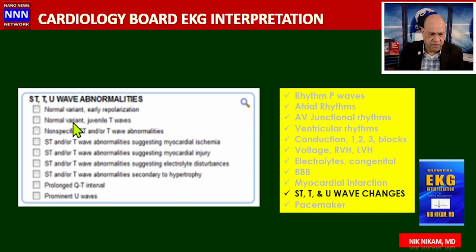You can easily identify early repolarization, pericarditis, or myocardial injury. The electrolyte imbalances sometimes can be tricky, but the history may be your clue. Myocardial ischemia is, as I said, ST depression or T wave inversion. Hypertrophied secondary changes are discordant STT changes in the direction opposite to that of the QRS complex. Prolonged QT interval, a lot of times it is iatrogenic, created by drugs that are given to control arrhythmias.